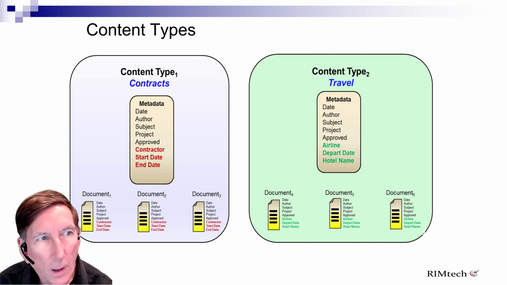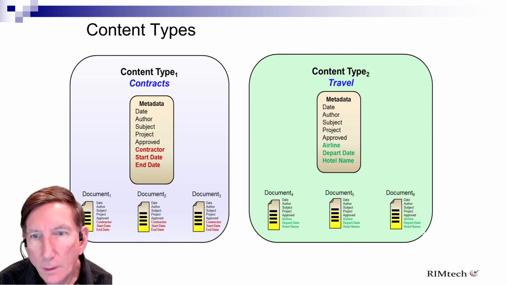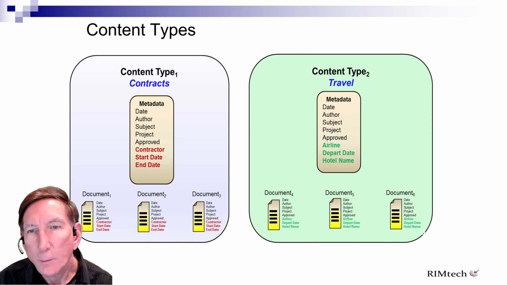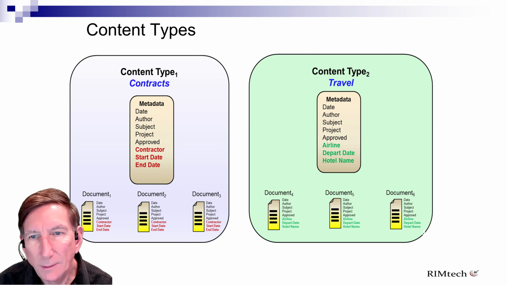So all documents have to have a content type, as I said. And here we have 6 documents, document 1 through 6. And in SharePoint, we have 2 content types, one called contracts and one called travel.